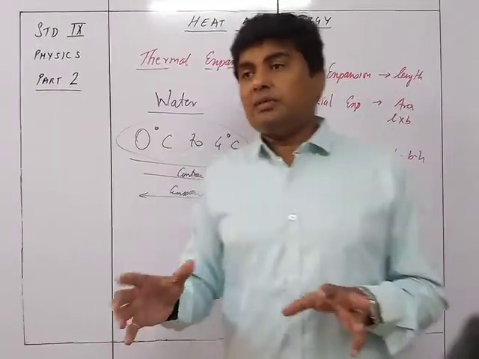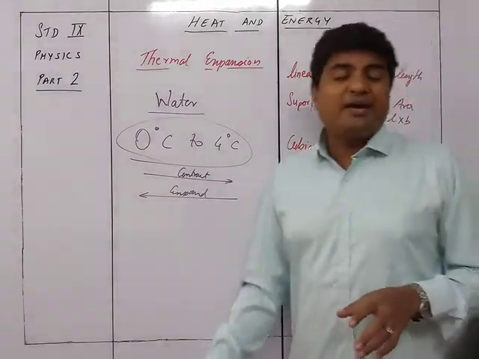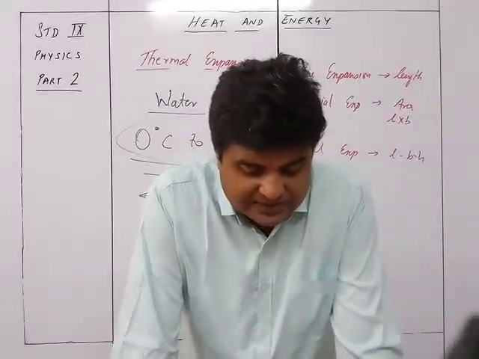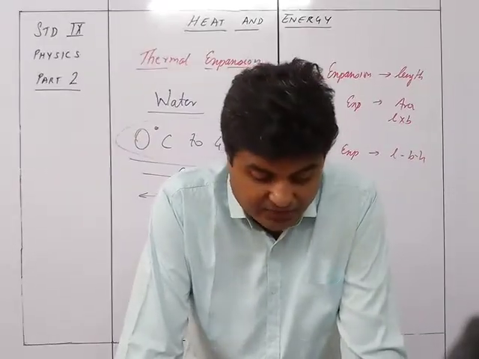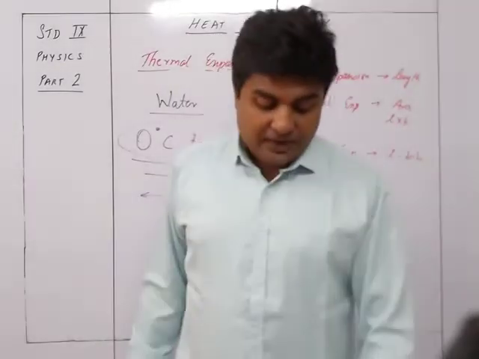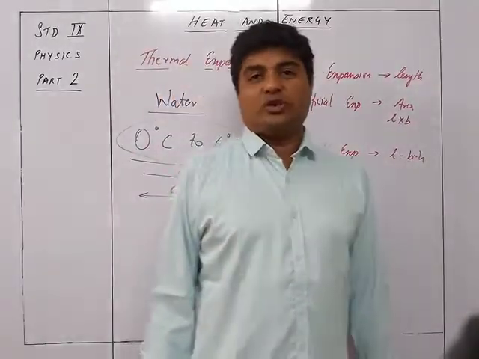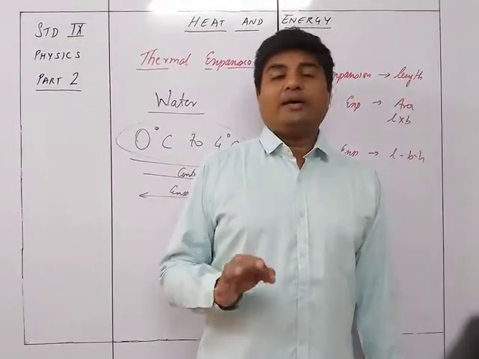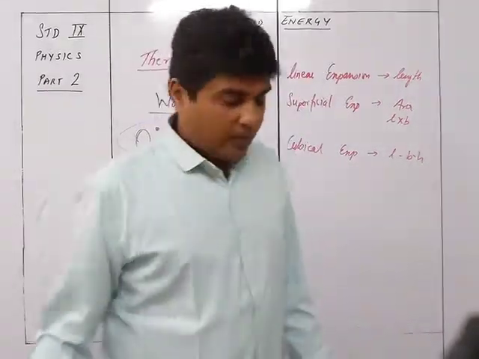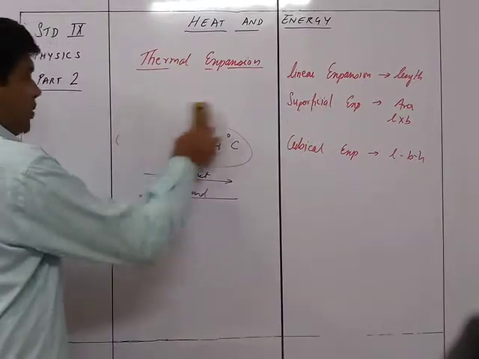So this is nothing but the anomalous behavior of water. The expansion of substances on cooling in a certain range of temperature is called anomalous expansion of substances. Here we shall study the anomalous expansion of water. So let's see how water behaves anomalously. So what we have is anomalous expansion of water.